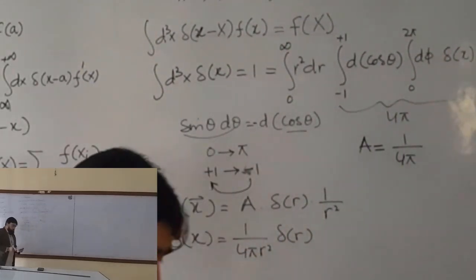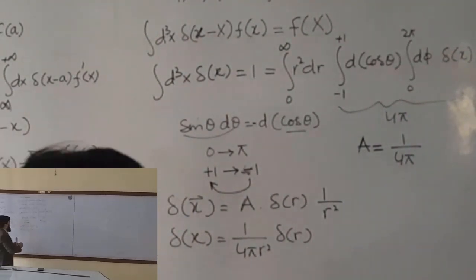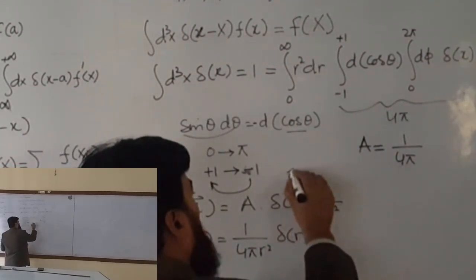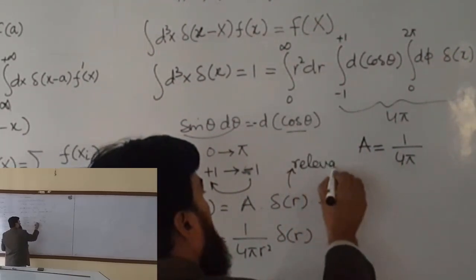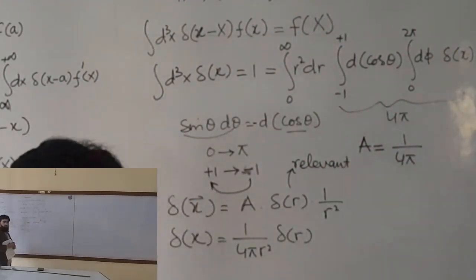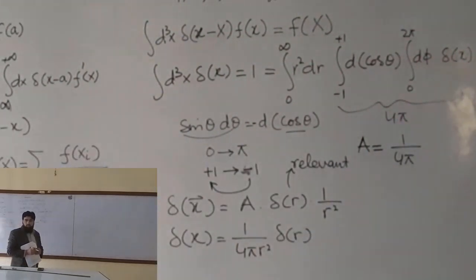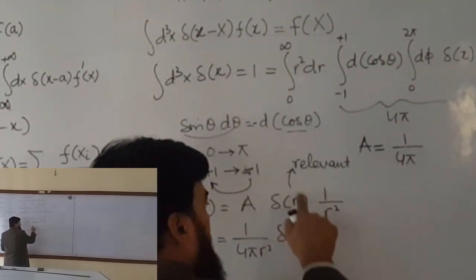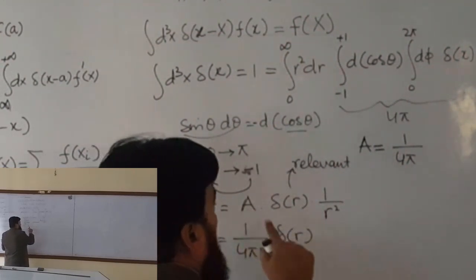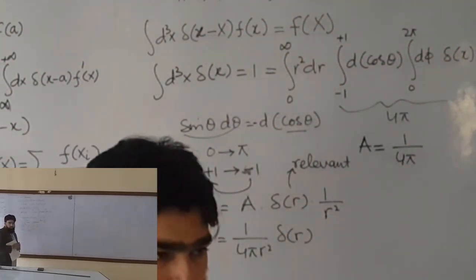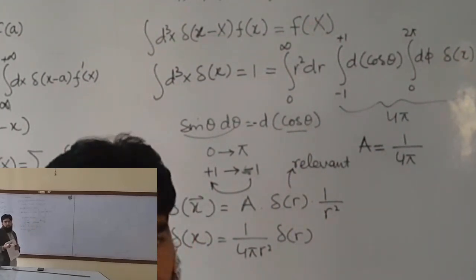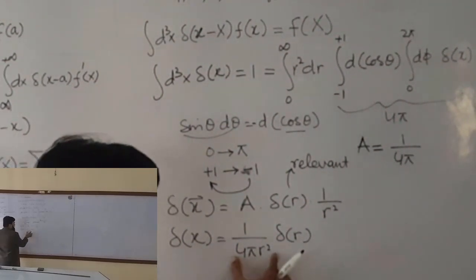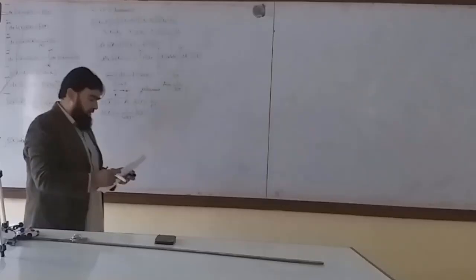So I will introduce the delta r, because this is the relevant delta, as it has the dimensions of length in it. The dimensions of length are here, while this one is the angular dimension. The angular dimension has nothing to do with the linear length. So you will have to just normalize it by this equation, 1 over 4 pi r squared.